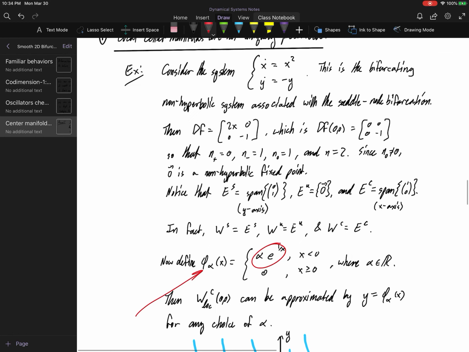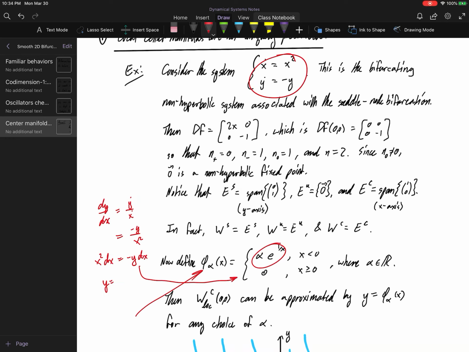And phi alpha of x is going to be defined to be effectively a solution to this system, right? If you think about dy dx as being y dot over x dot, then you'll wind up with the separable differential equation. X squared dx would be minus dy. And you can show that solutions to that equation are all of these.